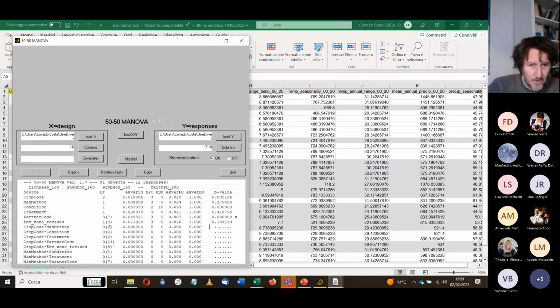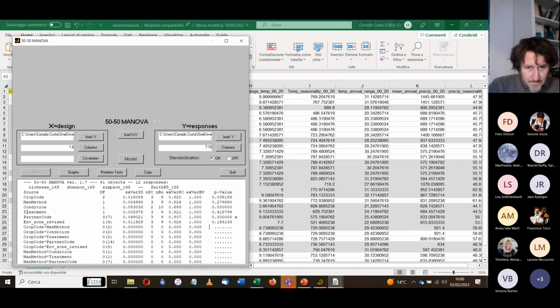So the interactions, there are too few observations to conduct interactions, of course. And so we have only to observe the single factors. So environmental zone is not significant, while partner code is highly significant. So there is a strict significance to partner code with respect to microflora NGS.